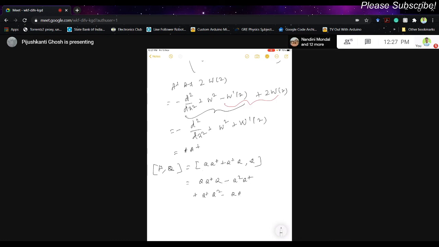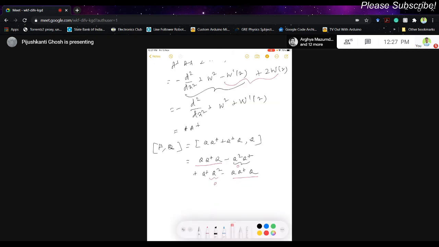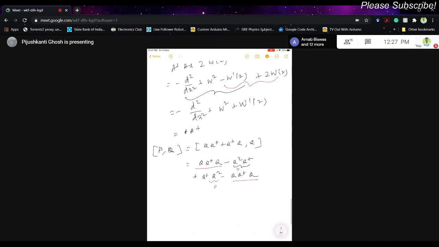Q square is equal to 0, so this term is automatically 0. Q square is equal to 0, so this term is automatically 0. And the Q dagger Q dagger Q terms, one with plus sign, one with minus sign. Okay? That supersymmetric charge Q commutes with H.